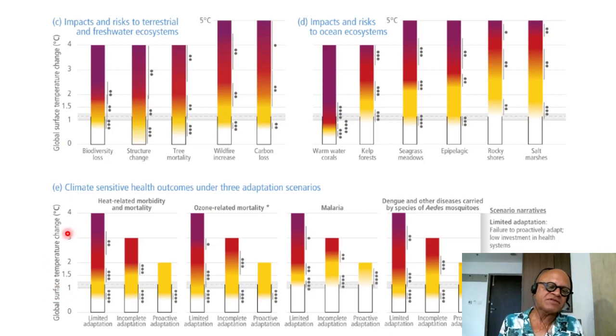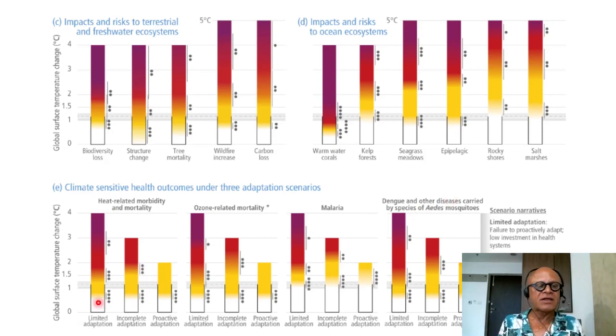Again, looking at warming levels, we consider heat-related morbidity and mortality, ozone-related mortality, malaria, dengue, and other diseases carried by Aedes aegypti mosquitoes, whose range and population are expected to increase as warm temperatures also hold more moisture, vegetation changes, urban population, standing waters, whatever ecosystems and habitats the mosquitoes prefer.